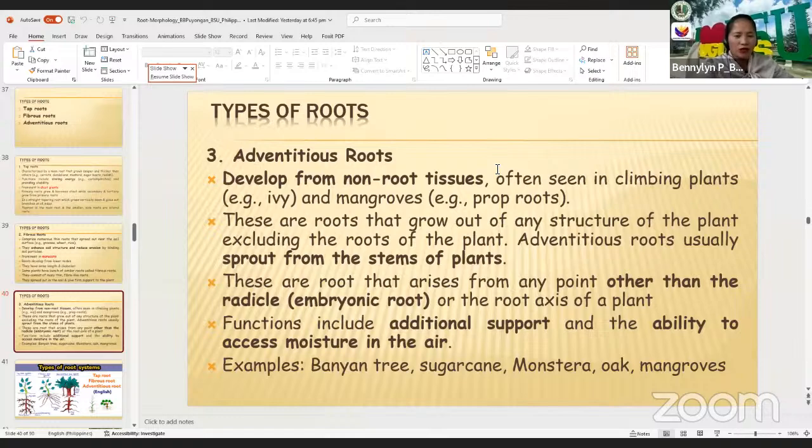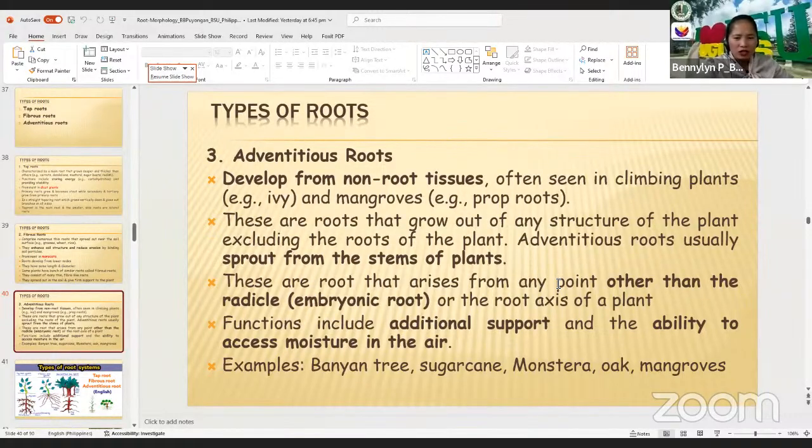So they usually sprout from the stems of plants like sweet potato, what else? The bombax, and we'll see other examples like the banyan tree, sugar cane, monstera, oak, and mangroves, of course. These are roots that arise from any point other than the radicle, or the root axis of the plant.